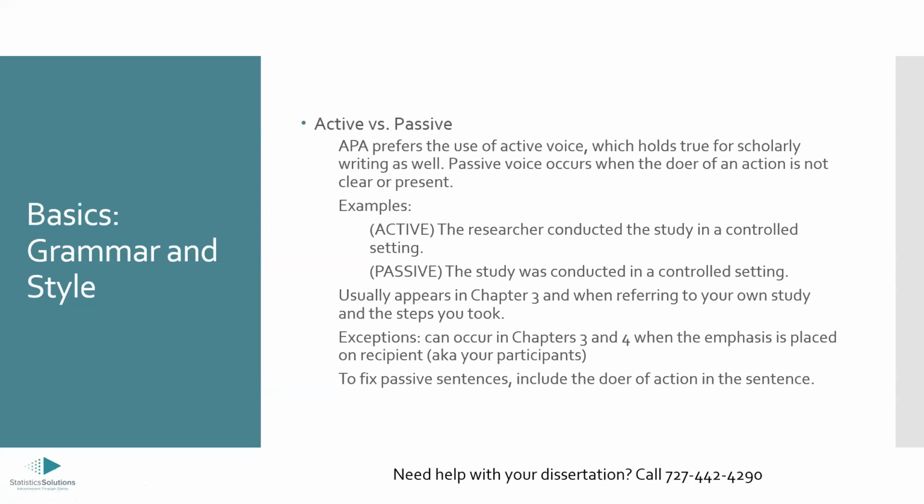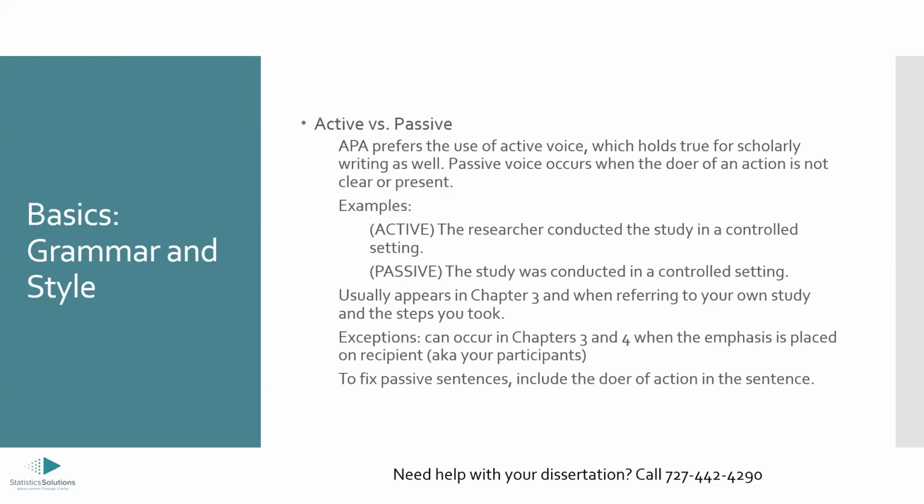So first thing to keep in mind with APA writing style is your writing voice. APA style prefers the use of an active voice, or a structure in which the subject performs an action, rather than a passive voice in which the action is not clear. A good example of this is by using the researcher as the subject of the sentence, followed by the action, rather than starting the sentence with something along the lines of the study was conducted.